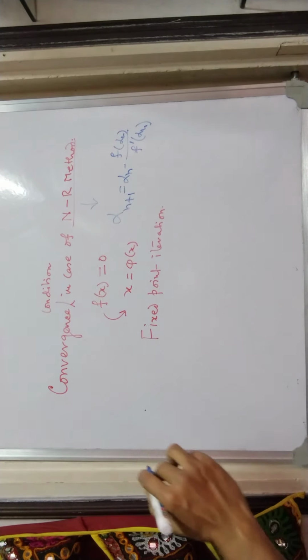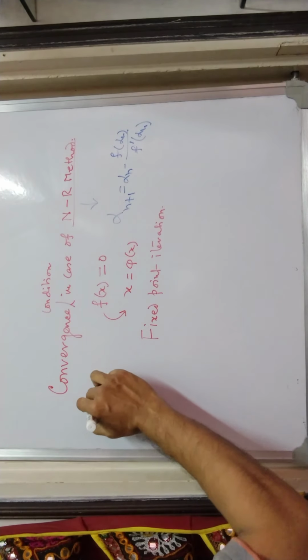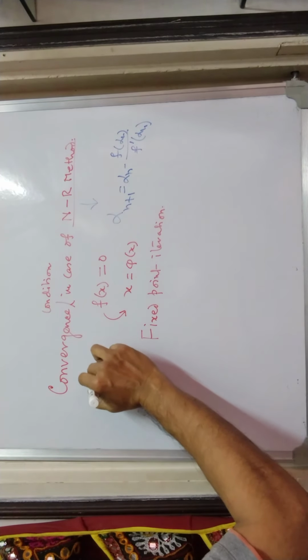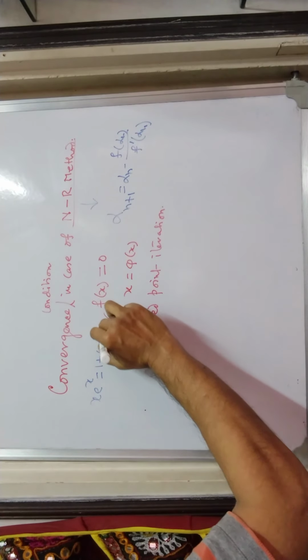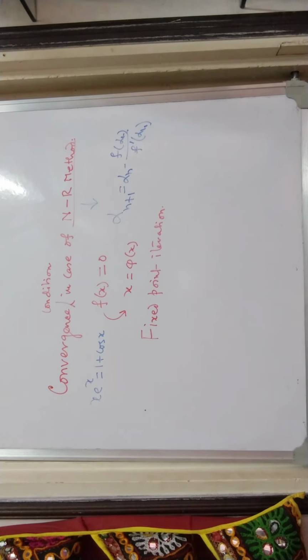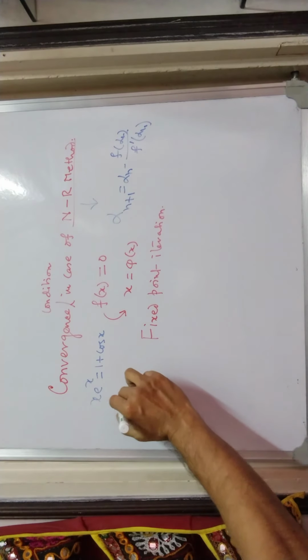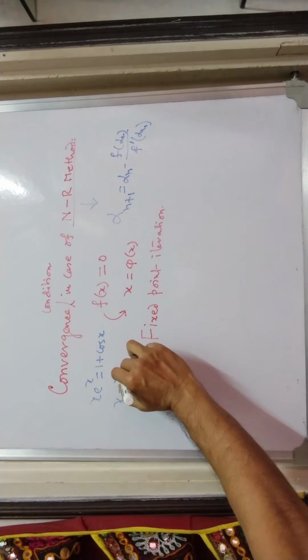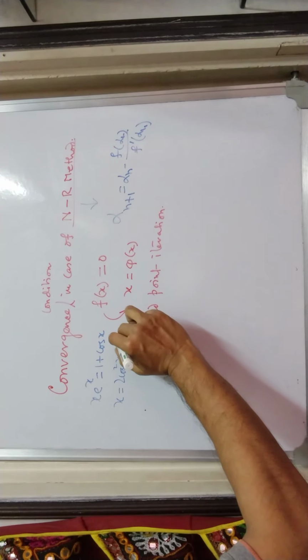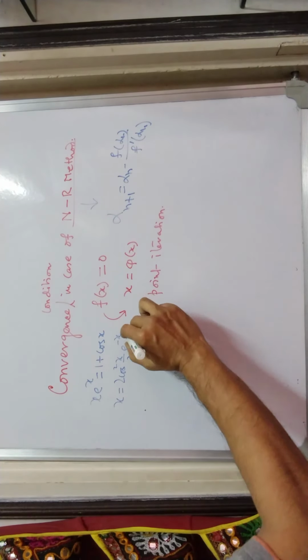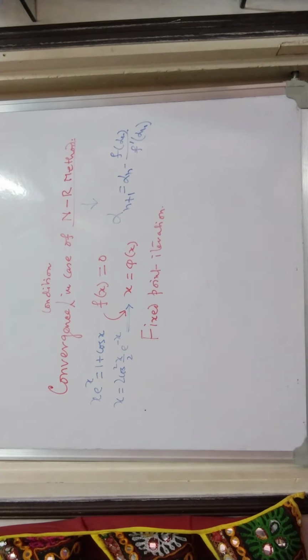As an example, let us take this equation x e to the power x equal to 1 plus cos x. So we can easily write it as x equal to 2 cos square x by 2 e to the power minus x, which is comparable with this form.